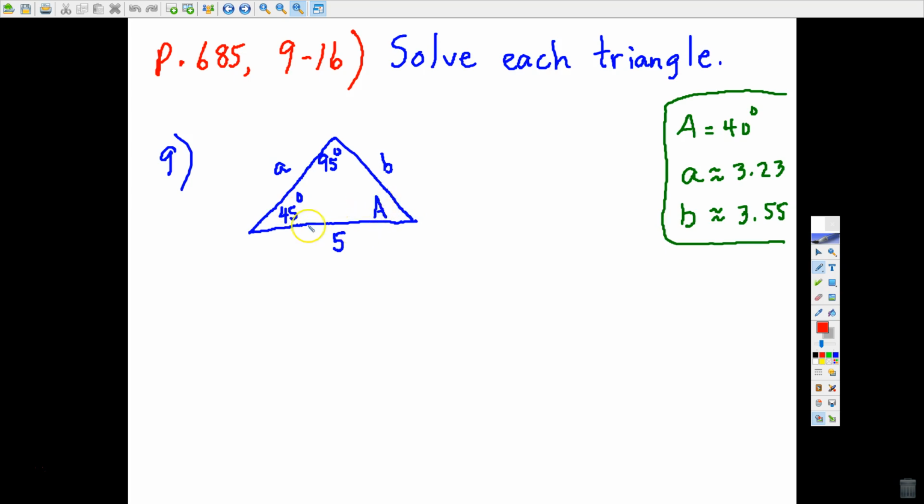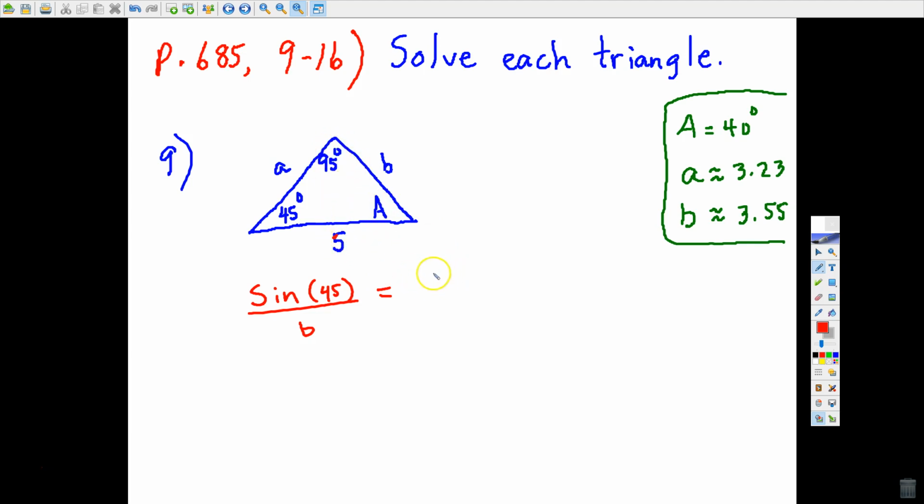So for example, if I wanted to find side B, then I'm going to use the angle across from B. Okay, so that's angle B, of course. So sine angle B, which is 45, over side B is equal to, now I'm going to have to use an angle and a side, the angle and its corresponding side that are given.